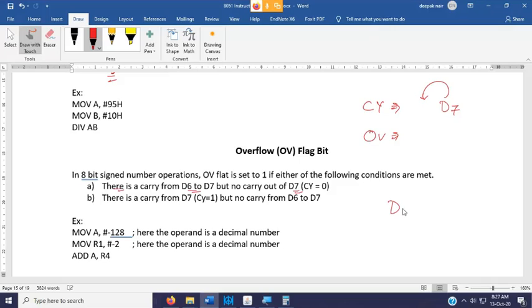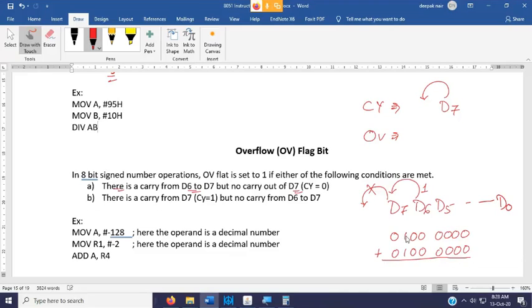That means suppose after the addition a carry was generated from d6 to d7 but no carry was generated from d7 to any other bit. Let us take an example. 01000000 and 01000000. So if I add these two numbers, definitely there will be a carry generated from d6 to d7.